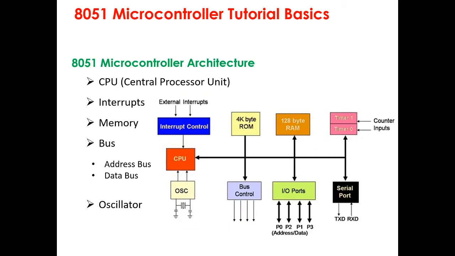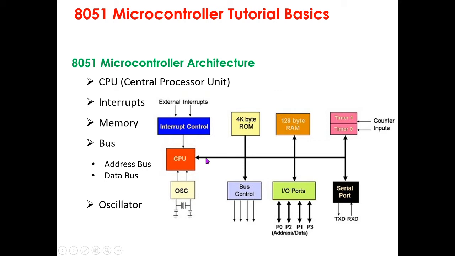On a simpler note, 8051 is offering you the block diagram structure as shown in this figure, and it has various components including CPU, that is central processing unit, interrupts, memory. There are two buses as explained earlier, address bus and data bus, and there is an oscillator. As you can find, this CPU, which is shown in orange color, is connected with memories and timers and other peripherals via these buses.